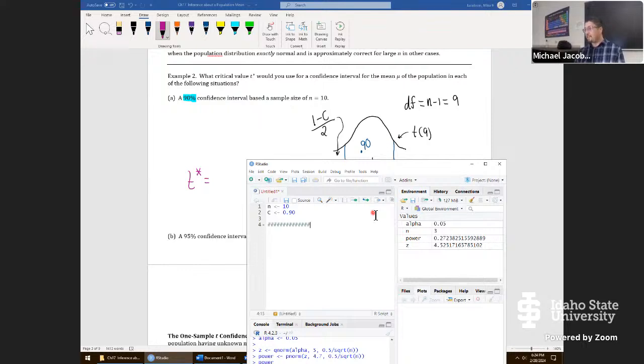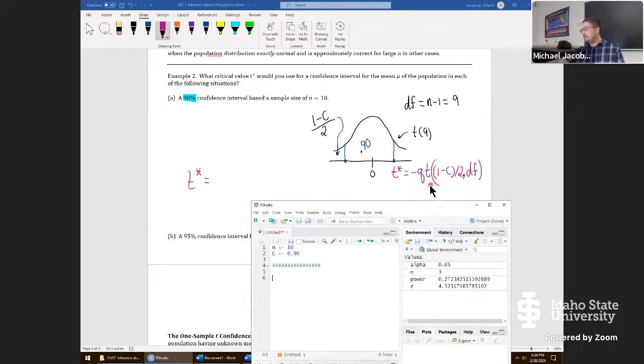Let's just put a border here to kind of change those values above first. Then last thing, we'll throw in that syntax, negative QT, 1 minus confidence divided by 2, and degrees of freedom. I'm noticing one problem. I didn't actually store degrees of freedom here. Let's put it in. Degrees of freedom gets n minus 1.